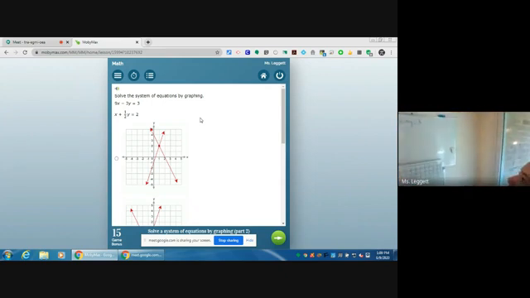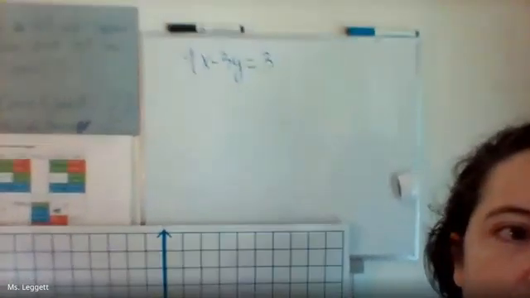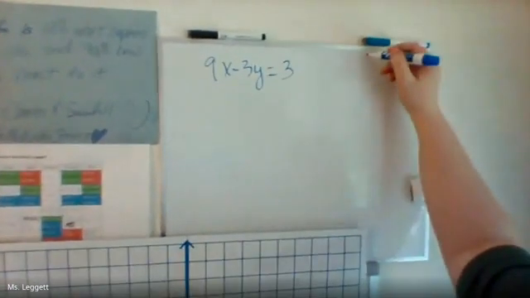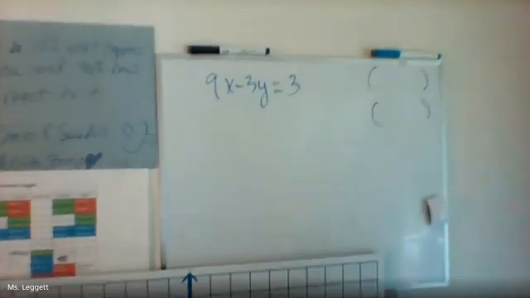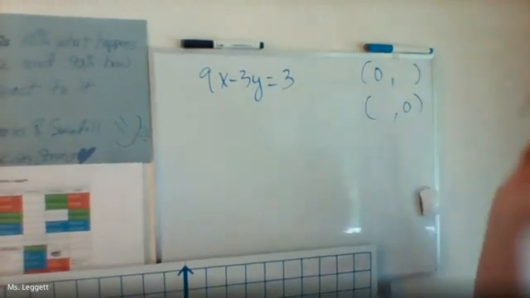Since they're both in standard form, we're going to get the 2 points where there's intercepts, because that'll be the fastest way. Again, not the only way, but the fastest way.